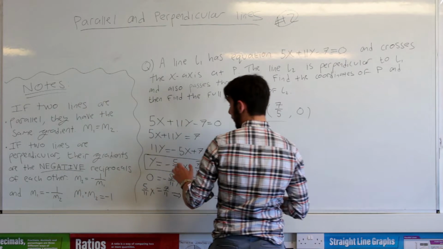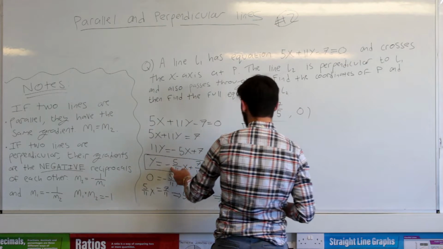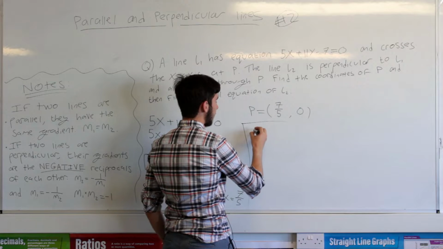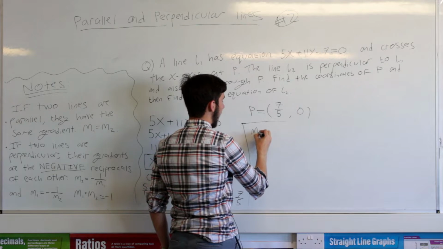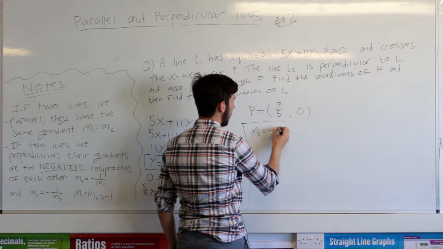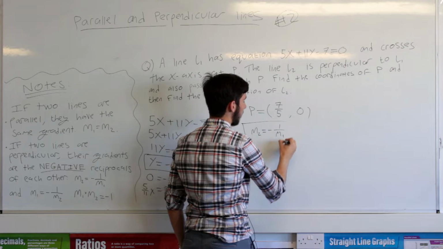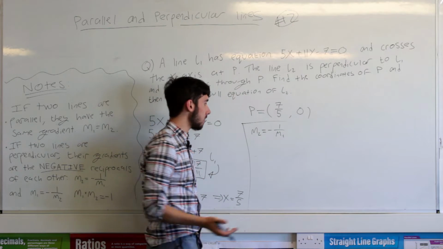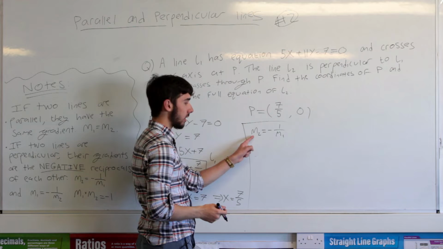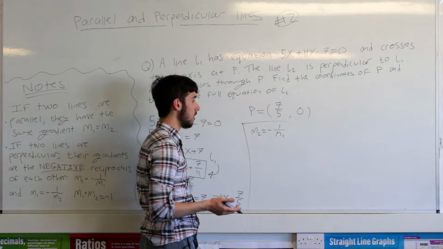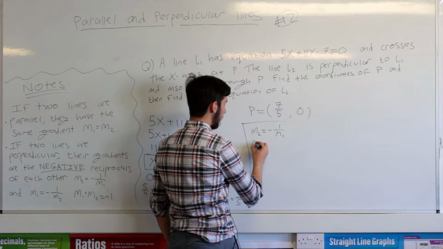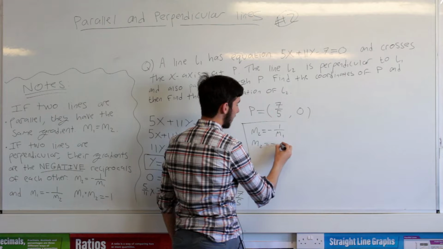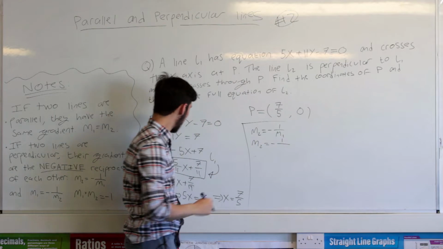So if the gradient of L1 is minus 5/11, well, let's find the gradient. Let's call it M2, equal to -1 over M1, right? Seems legit, that's the equation. So we're looking for M2, that's the gradient of L2. Well, we just go M2 is equal to -1 over M1.